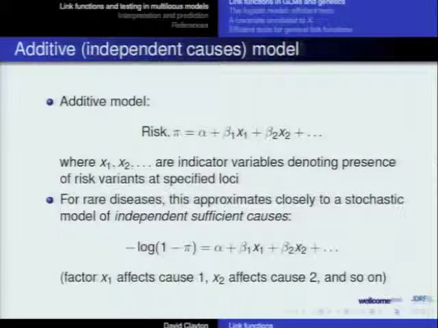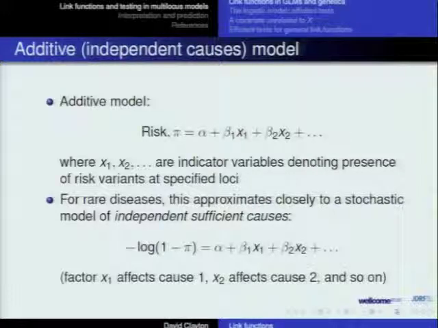That's the additive model, and it very closely approximates another model which is widely used in epidemiology, where things are multiplicative in the probability of not getting disease. The motivation for that is a stochastic model for independent sufficient causes. You imagine that there are a set of sufficient causes on their own which work independently of one another; one locus will affect one cause, another locus will affect another cause, and so on.